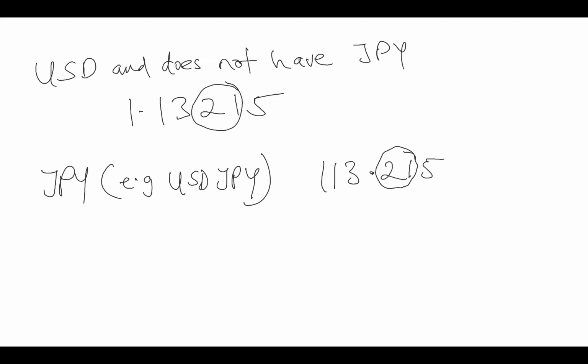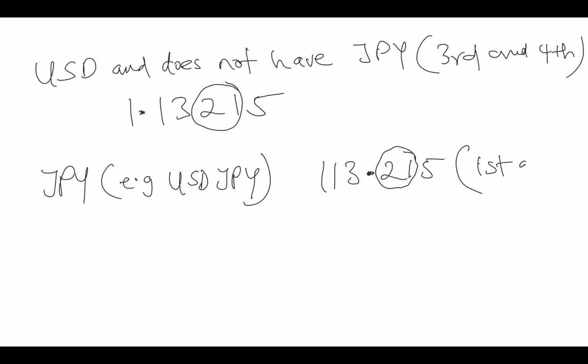For pairs that don't have JPY, pip is what? The third and fourth. Does not have JPY, third and fourth. Includes JPY, it's what? First and second.